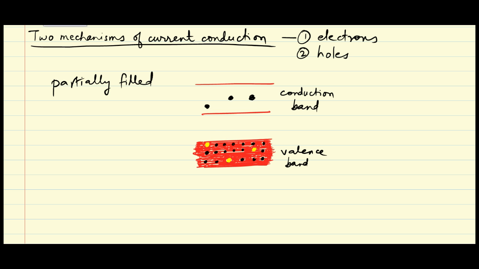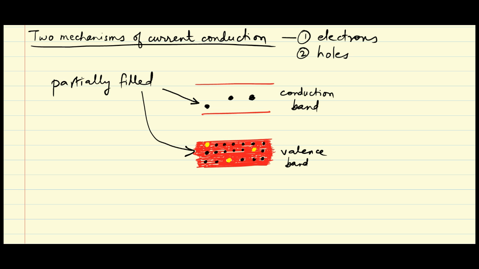Now because of this, we see that not only is the conduction band partially filled with electrons, and hence it can participate in electrical current conduction, but the valence band also is partially filled, which means that the remaining electrons in the valence band can also contribute towards the electrical conductivity of the material.